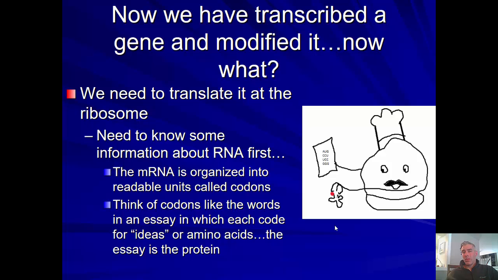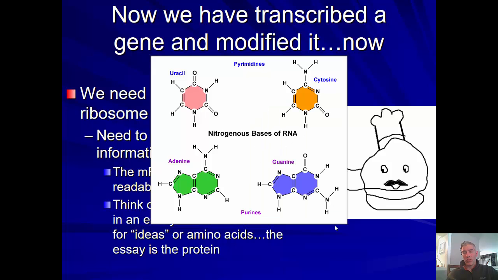But we have to know some information about the message first before we can actually talk about the process of turning it into proteins. All right, so the RNA itself, the message, is organized into these little readable units called codons. They're like 3-letter words, basically. Remember, there are 4 different nucleotides you can have, A, U, G, and C, because it's RNA. There are no T's, remember.